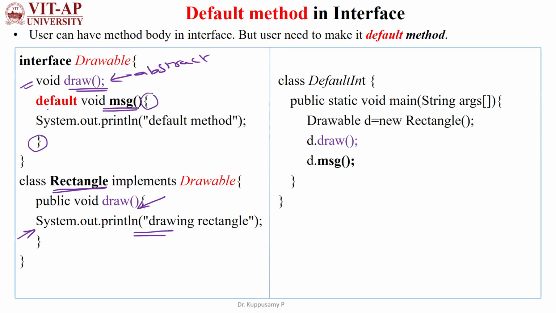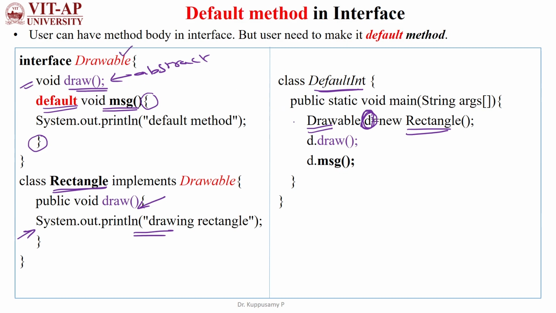So we have to define it with the keyword default; only then will it be allowed inside the Drawable interface. Then, as usual, we define the driver class with the main method. Here I am creating the object d by using Rectangle, referencing the Drawable interface.